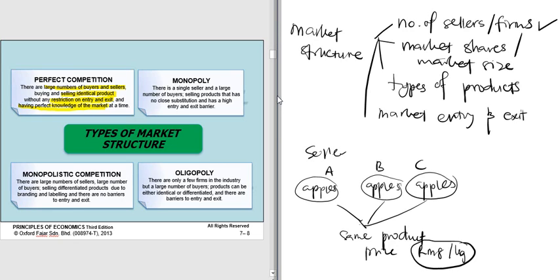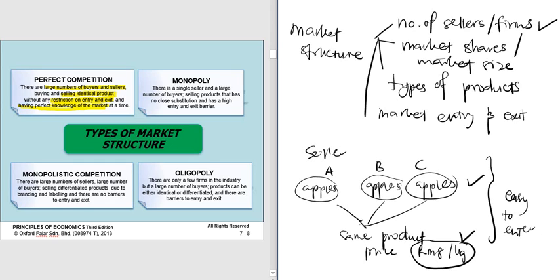It's easy for us to get into this kind of market. So we have a lot of sellers selling the same product at the same price, and it's easy for other people to enter or exit the market. So this is an example of perfect competition: sellers of vegetables, fruits, fishes, chickens, or any other seafood and so on. That is perfect competition.